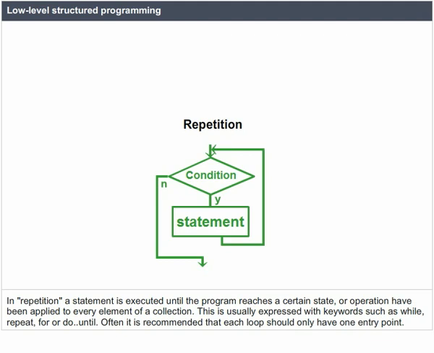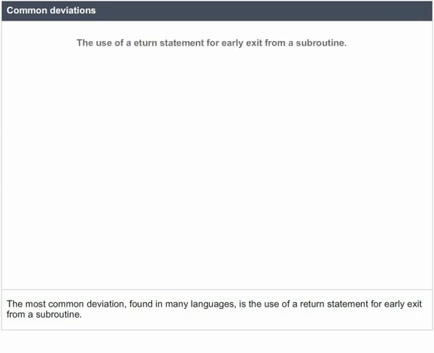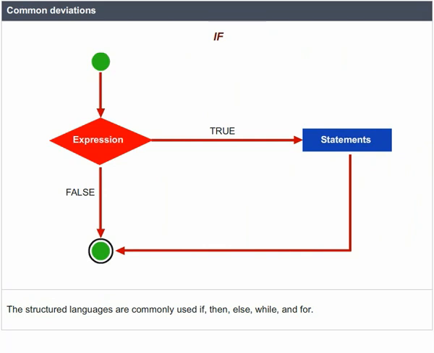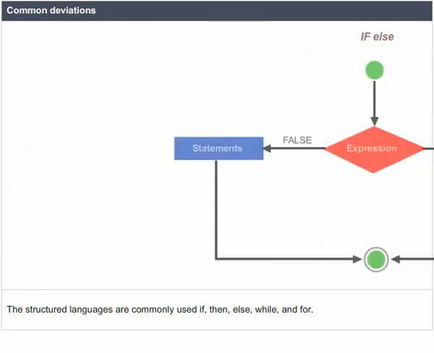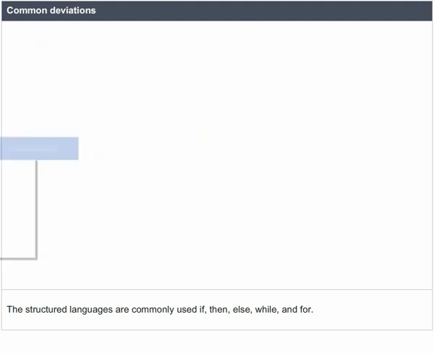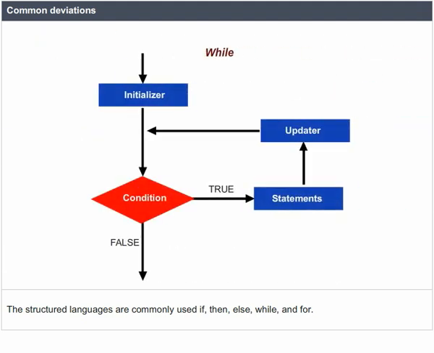The most common deviation found in many languages is the use of a return statement for early exit from a subroutine. This results in multiple exit points instead of the single exit point required by structured programming.